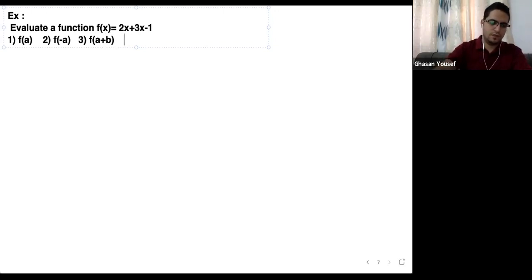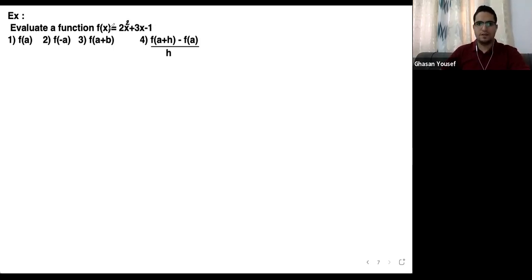And for the fourth one, f of a plus h minus f of a, over h. The function is 2x squared plus 3x minus 1. We have to evaluate each of 1, 2, 3, 4.